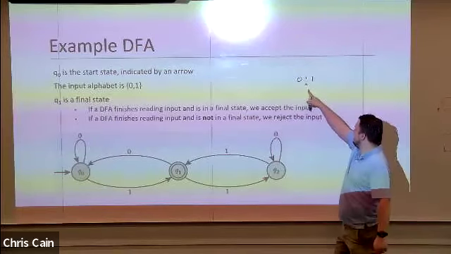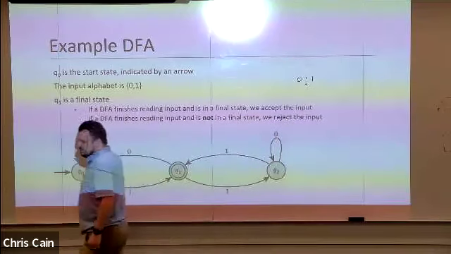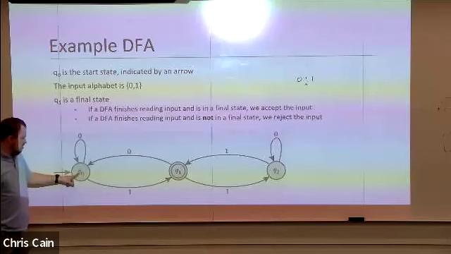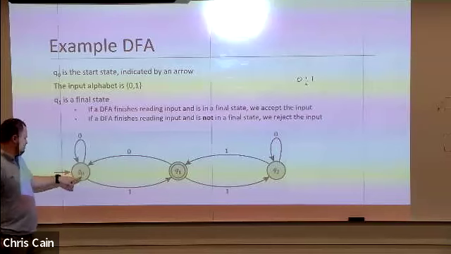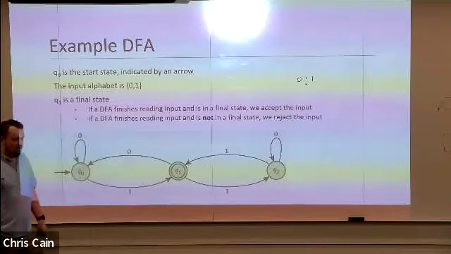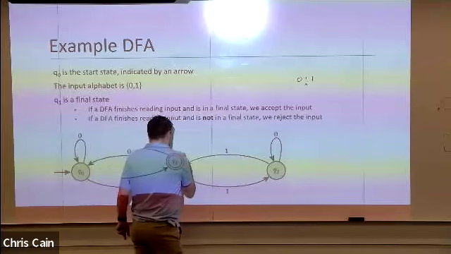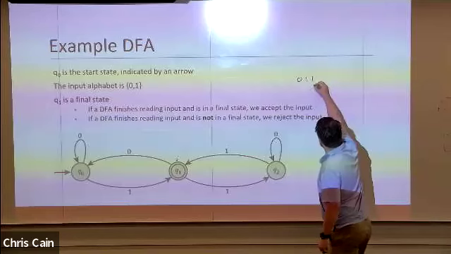Continuing, now the current character is a 1, so we're still in Q0. We read that 1, we're looking for the outgoing edge from this state. We see that we transition from Q0 to Q1 on that 1. So we're going to move from Q0 to Q1, that's the current state. This now moves to here.